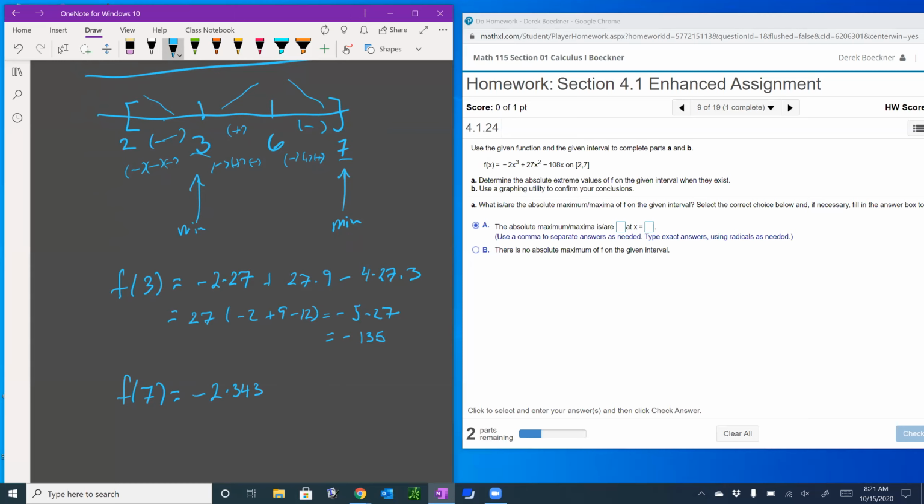And then 27 times 49 and minus 108 times 7. 50 times 27 would be that, and then I want to take away one of the 27s, and then that is going to be minus 756.